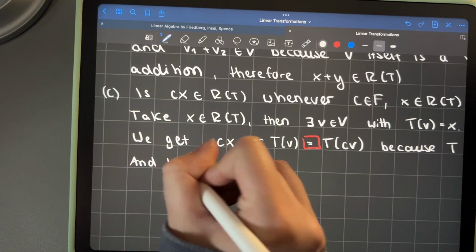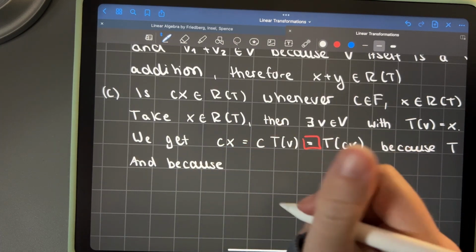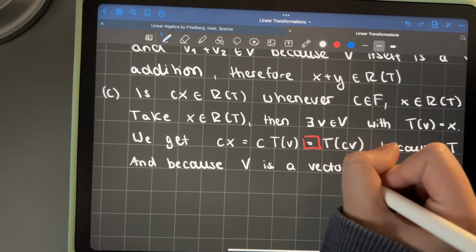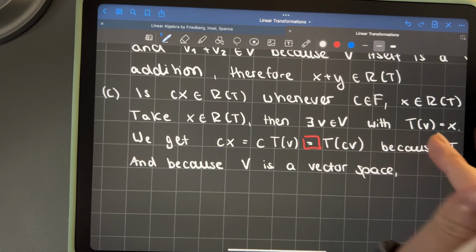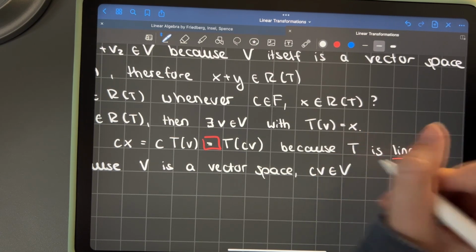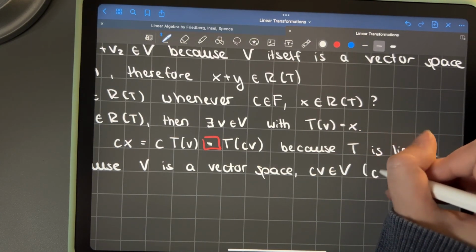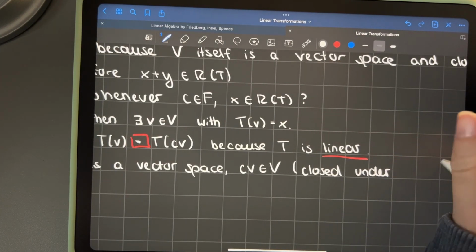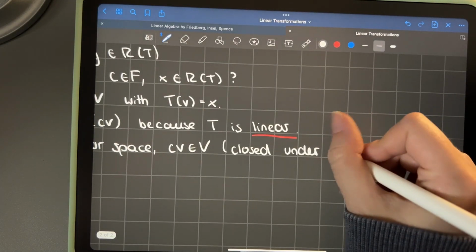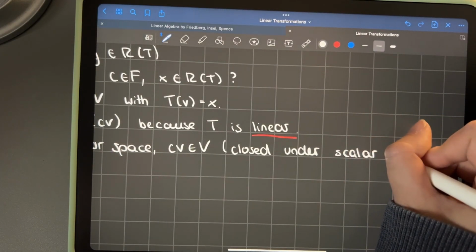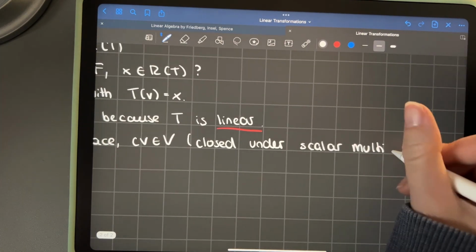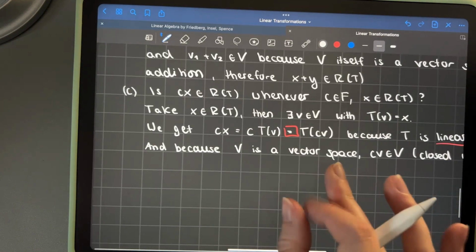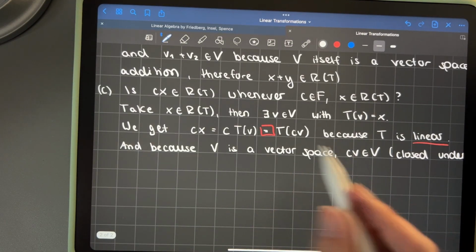And because V is a vector space, cv is in V, because it's also closed under scalar multiplication. And so we again have an origin vector cv.